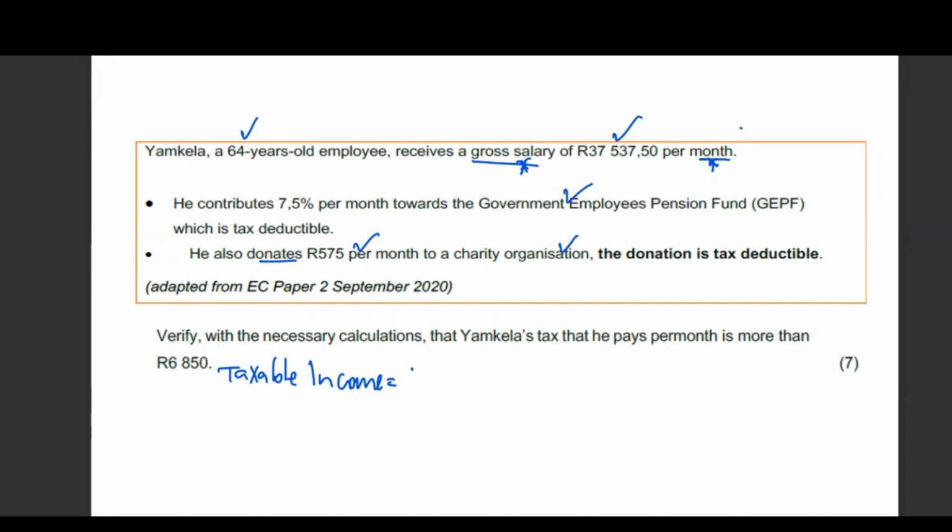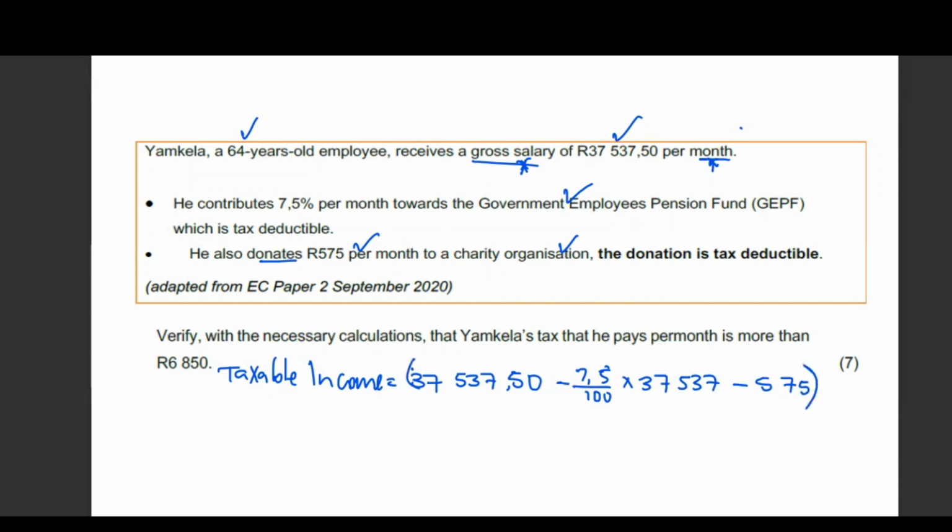So it has to be 37,537 rands 50 cents, which is the gross, minus 7.5% of the same money, still minus the 575.